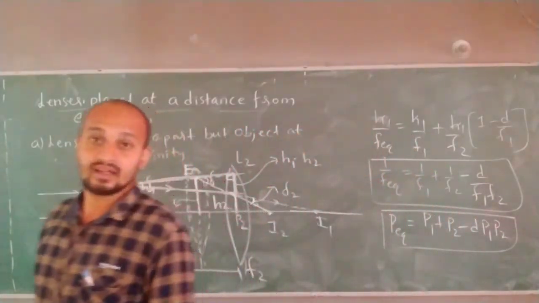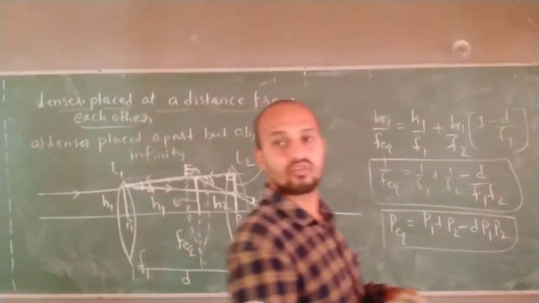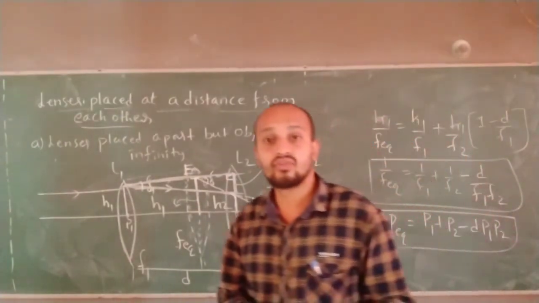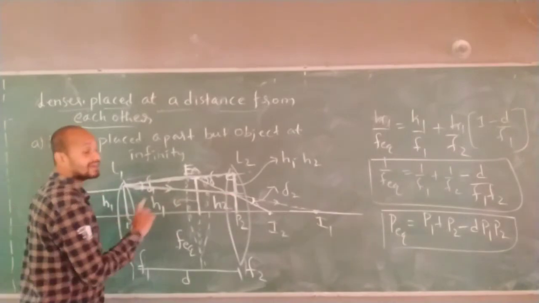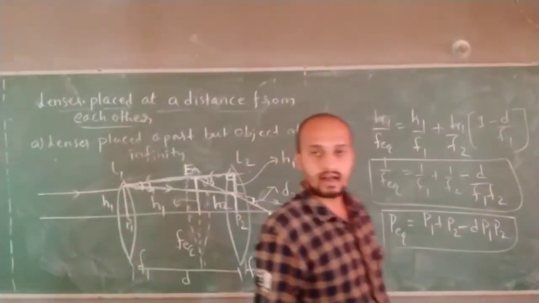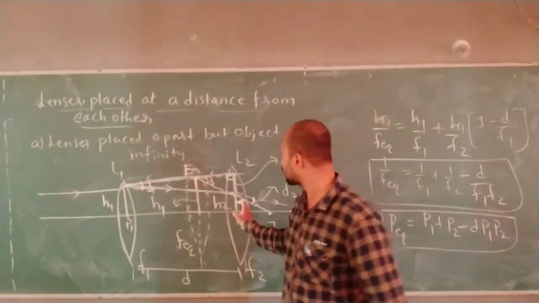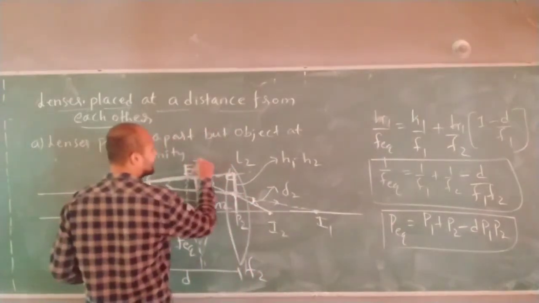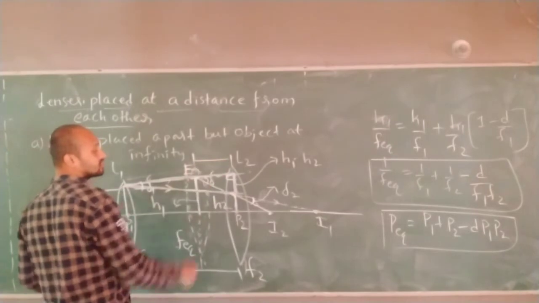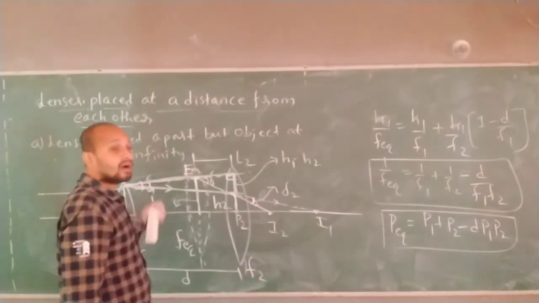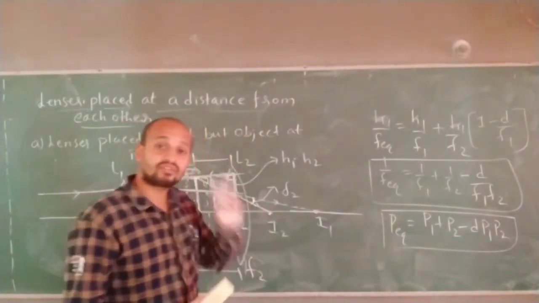This is one thing. Then let us find the location of the lens. Where is the equivalent lens located? Correct now? I will find the distance from the second lens. This is the distance I need to find. If I find this distance, I can find the location of the equivalent lens from the second lens.